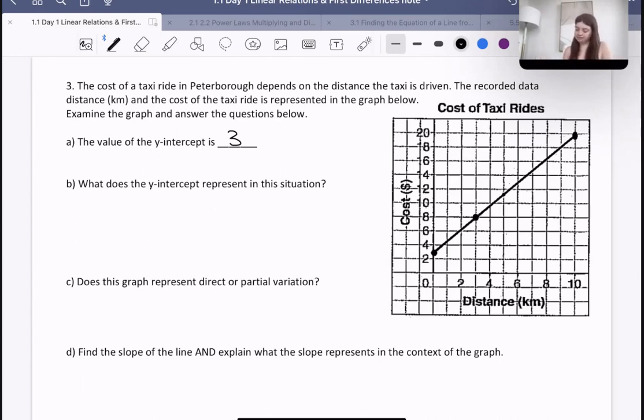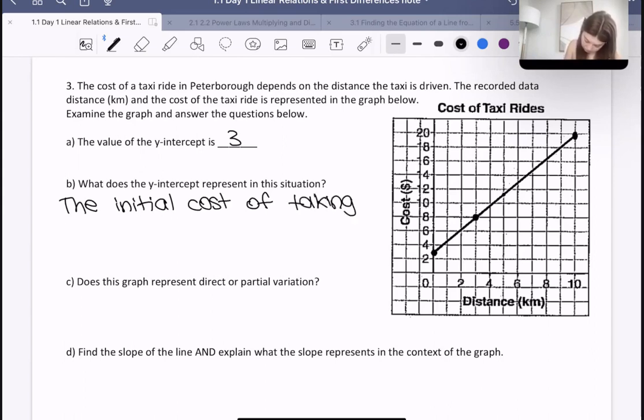And then we just continue to ride it, right? So what does the y-intercept represent in the situation? It represents the initial cost of taking a taxi.